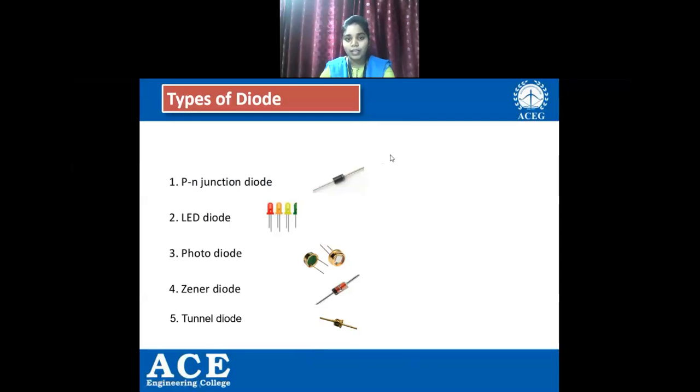PN junction diode we have already studied in our first class. Now what is today's topic? Zener diode and light emitting diode.